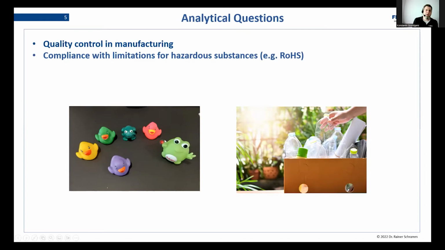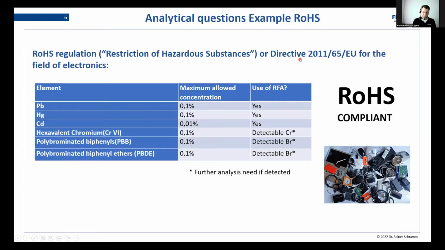So you want to make sure that these ones are safe. And that's basically quality control. Another one is the compliance with certain limitations. And I think the next example is just about that.